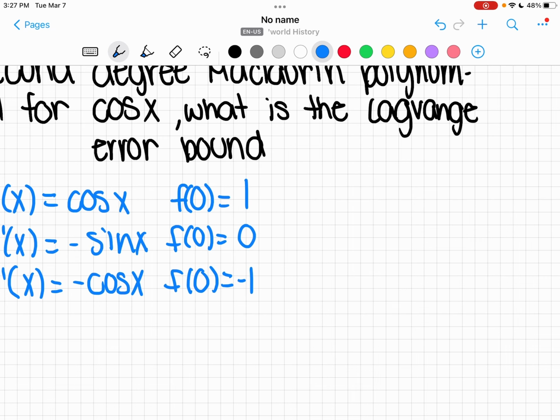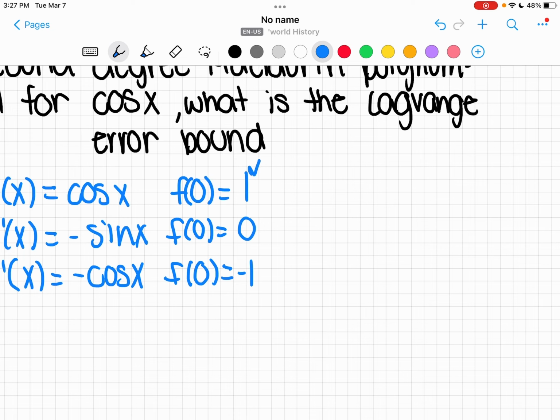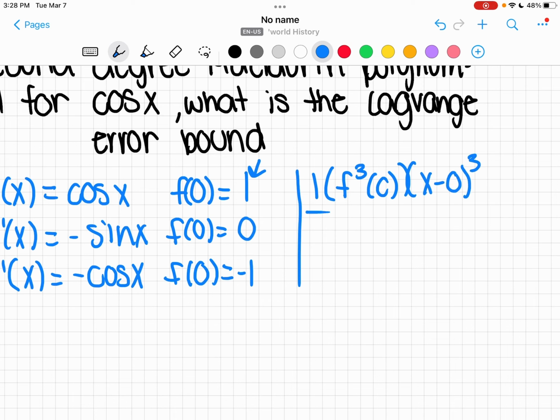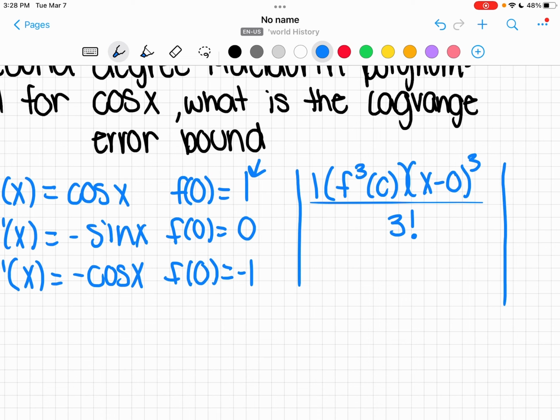Now, to plug this in, our max value is going to be this one right here. Our max value is going to be 1 times f3 evaluated at c, times x minus 0 to the power of 3, over n plus 1 factorial, which if we're trying to find the second degree, is going to be 3 factorial, absolute value of that.